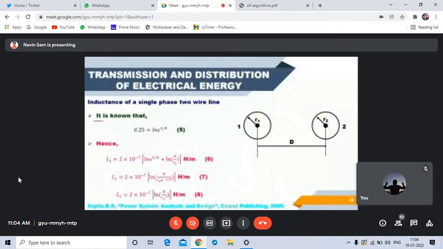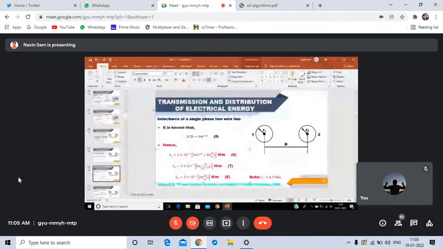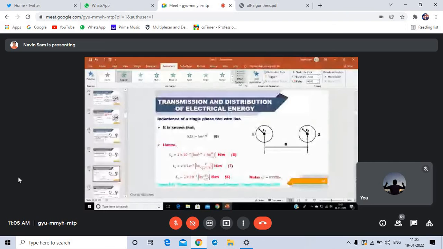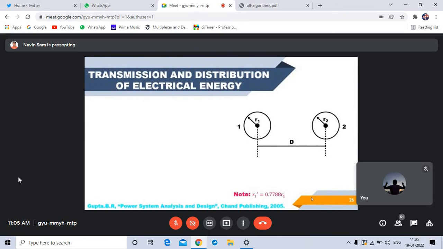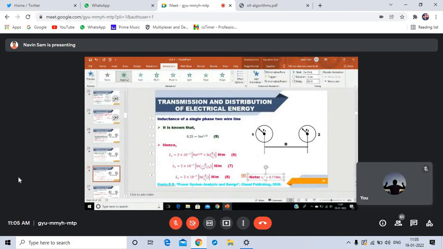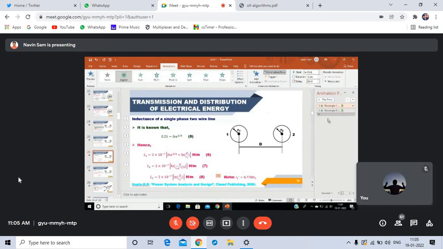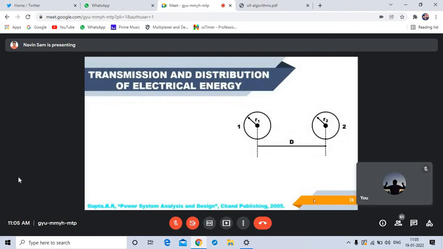So 0.25 can be written as ln e power 1 by 4.